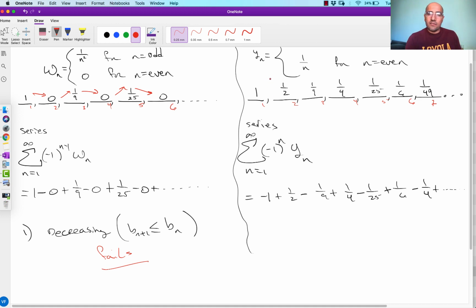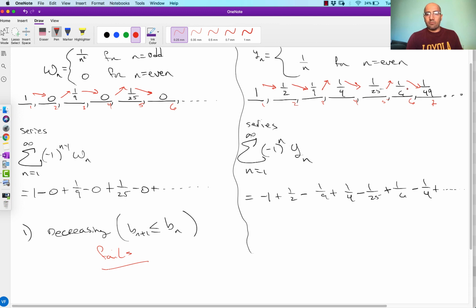And same thing over here. For this series, we see that it is decreasing to begin with. Sure. From 1 to 1/2, it does decrease. And then from 1/2 to 1/9, it is also decreasing. But then from 1/9 to 1/4, it increases, and then it decreases, and then it increases, and then it decreases, and so on and so forth.